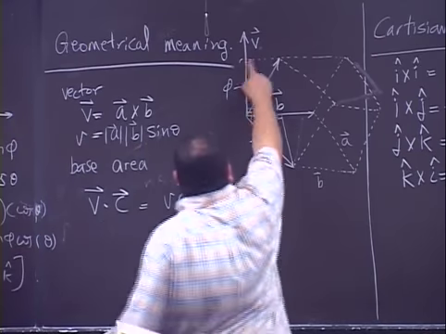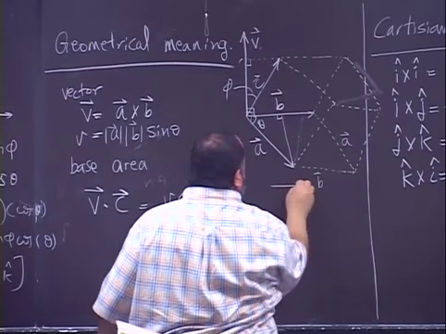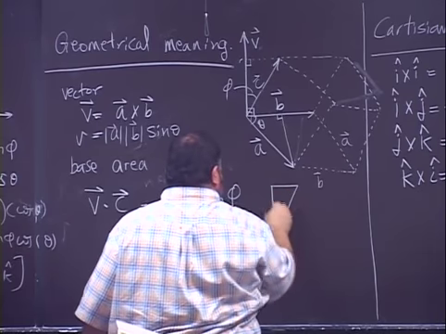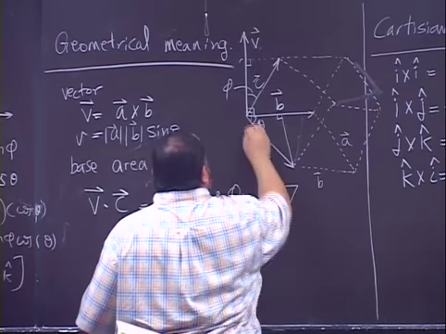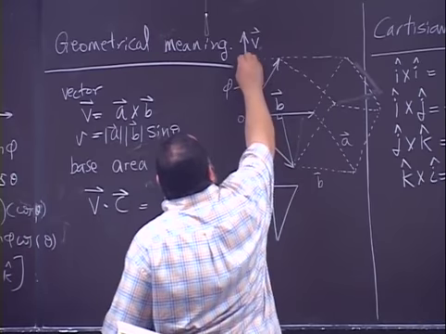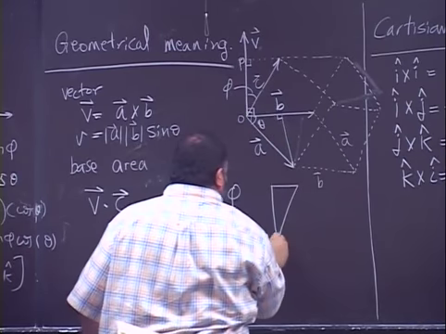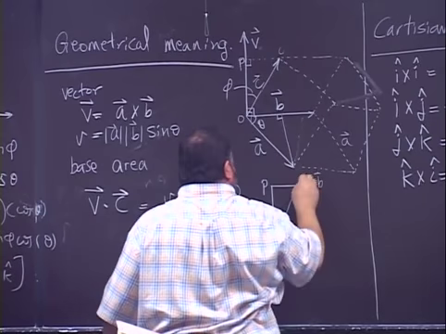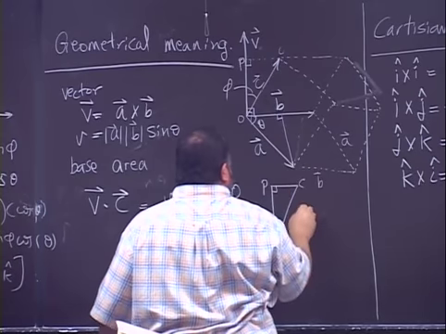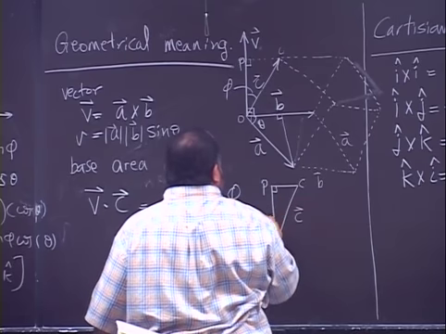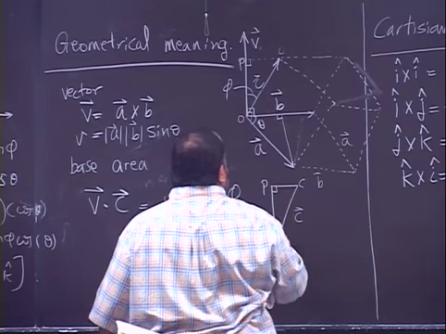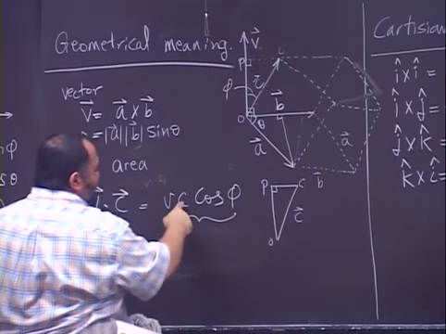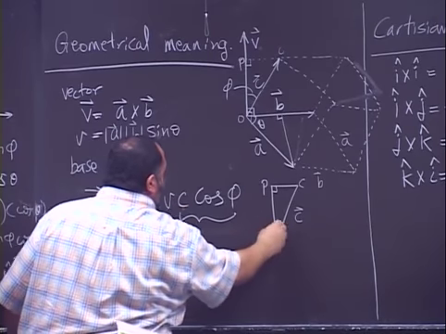But what's C cosine phi? If you look at this triangle here, let's assume that this is O and this point is P. So OB, let's assume that this is point C. So this is C. What's C cosine phi?